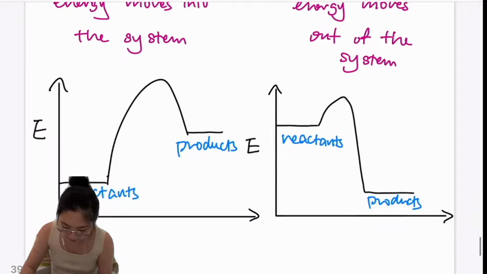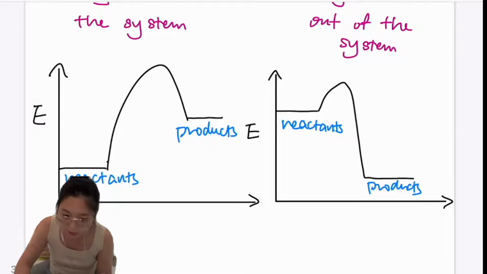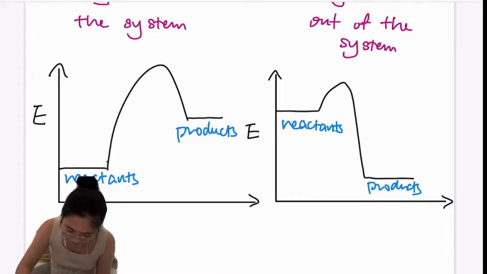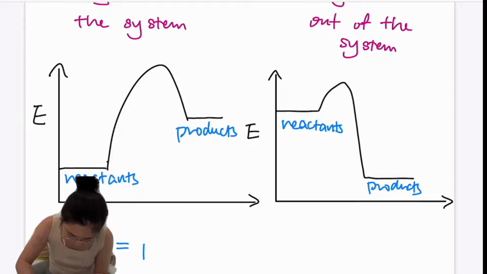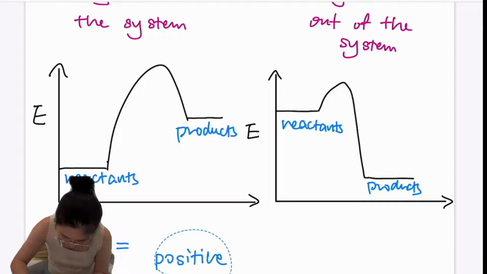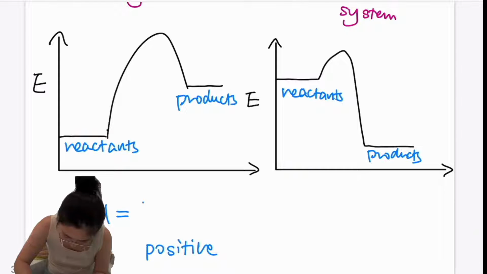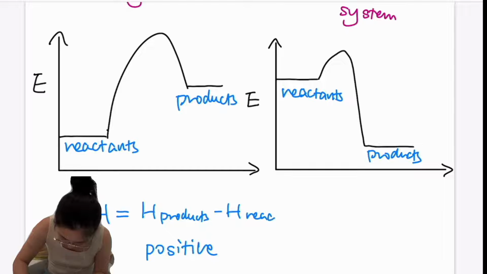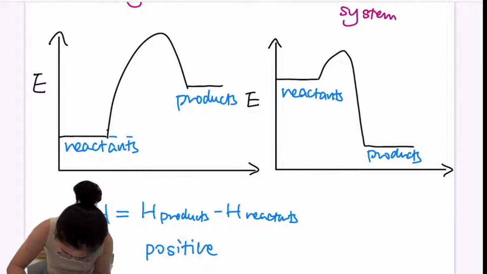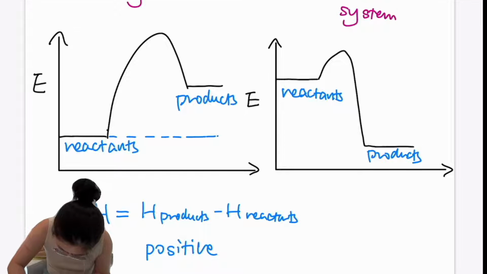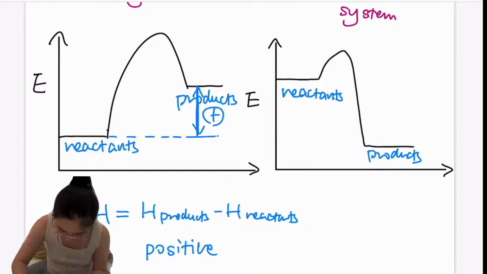For an endothermic reaction, the change in enthalpy, which we represent with capital letter H, is always a positive value, because it's the enthalpy of the product minus the enthalpy of the reactants, and this is a positive value.